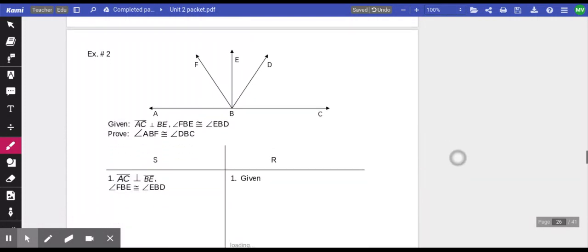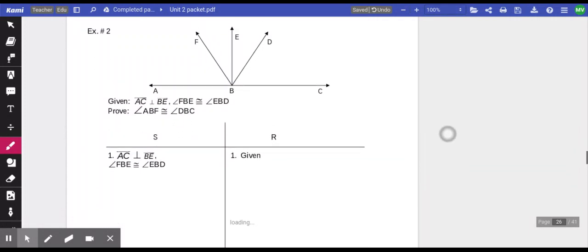Now if we look at example 2, we know that AC and BE are perpendicular. I like to read that right in my diagram and make a note that it's a right angle.